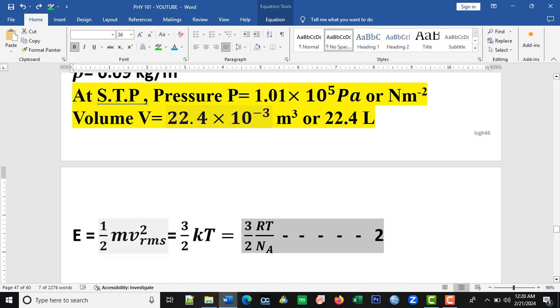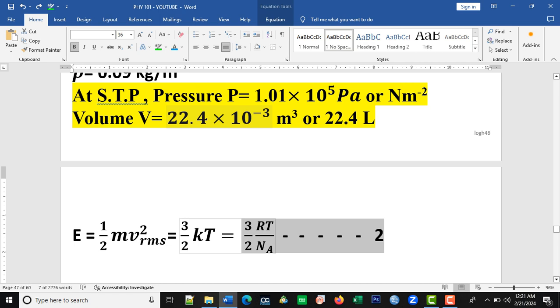The m here, small m, represents the mass of the hydrogen gas, v the velocity, and k represents the Boltzmann constant, T represents the temperature, then the R here represents the universal molar gas constant, T here temperature, and NA here represents the Avogadro's number.